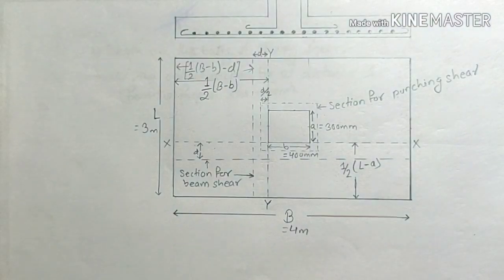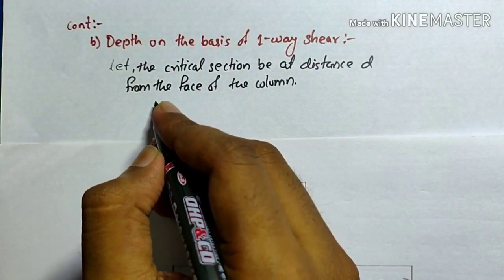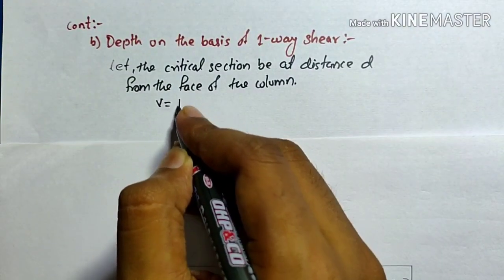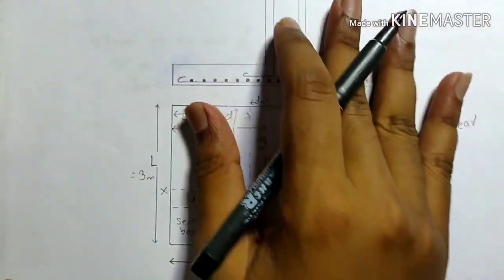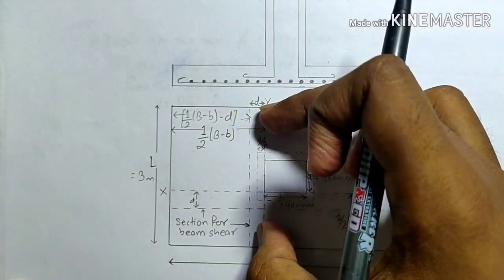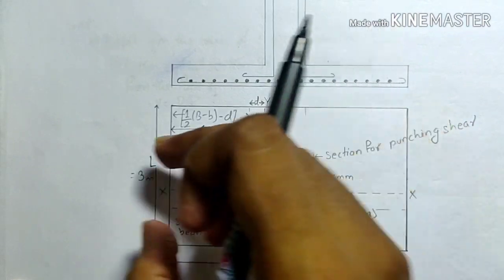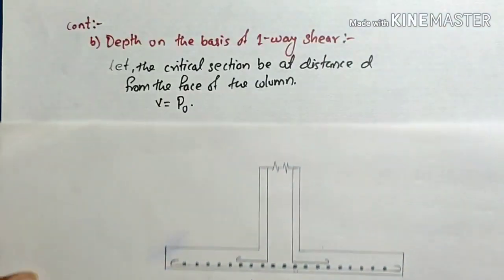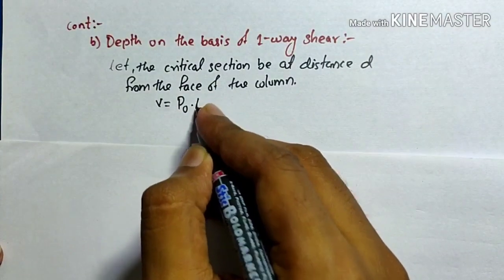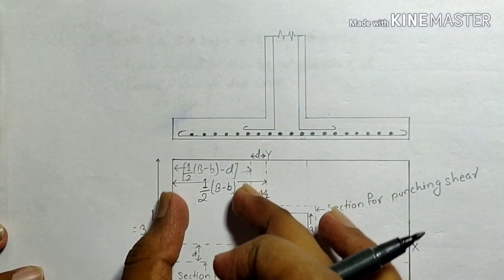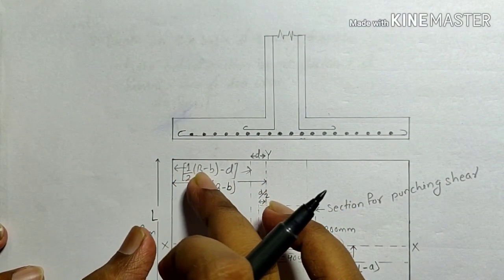So let's find the shear force now. So again we will have V equals P naught into span L, because the corresponding moment about the y-axis we are using, so we need to use the corresponding span, which is L. So multiply this by L and again multiply this by the span, which is 1/2 times B minus small b minus d.